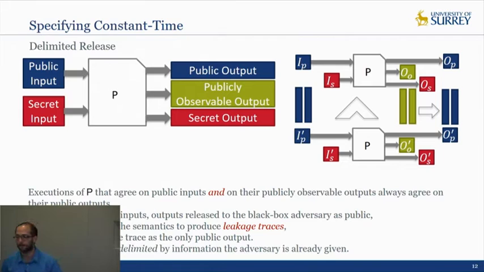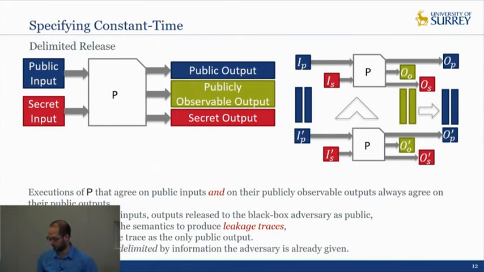So do you do something special for random programs? We haven't looked really at random programs so far. Essentially what we would do then is sample outside, make the randomness public, a public input, if it's actually given to the adversary. In the most ideal case, you would have the exact same leakage trace every time with all inputs.